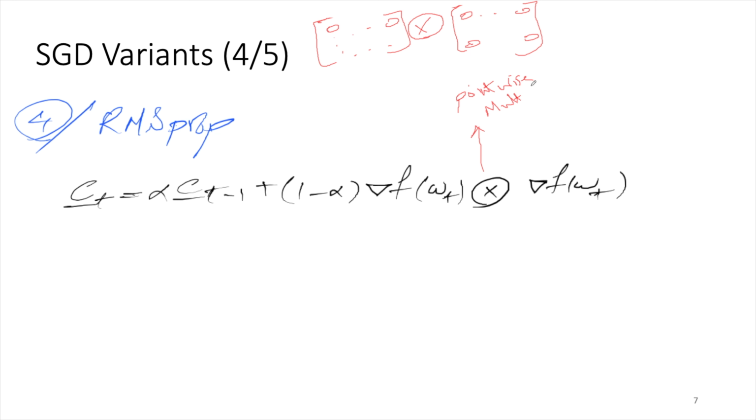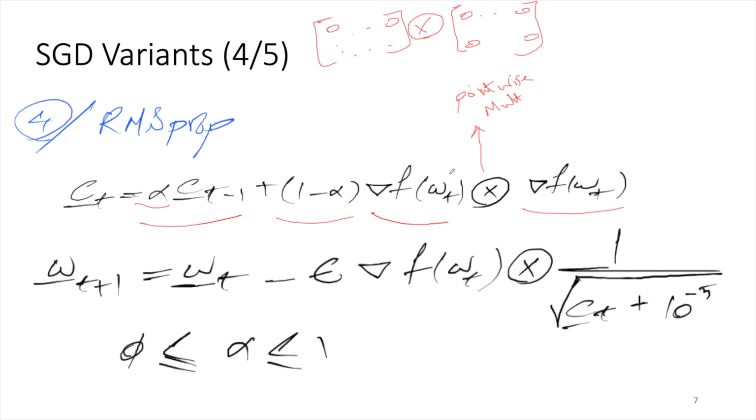a different C of t with a hyperparameter alpha multiplied by your previous C of t minus 1, plus 1 minus alpha, and then you apply a pointwise multiplication between the gradients of your weights, and this will become somewhere close to the previous one we learned, but it has some subtle differences.